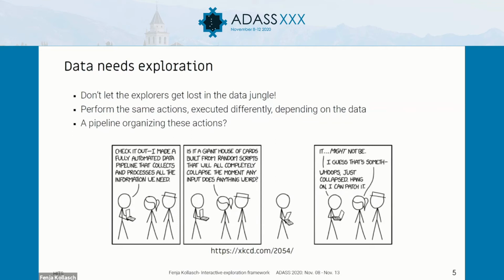The reality of this idea is perfectly described by this XKCD comic down below. It usually looks like, hey, awesome, I made a wonderful automated data pipeline that processes everything automatically. And the reality is, okay, this is a giant pile of random scripts that just explode if you input anything that's weird.